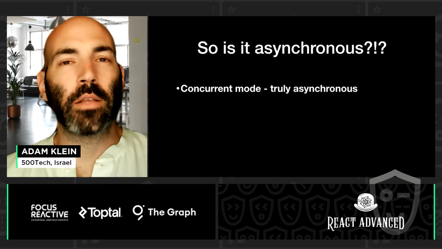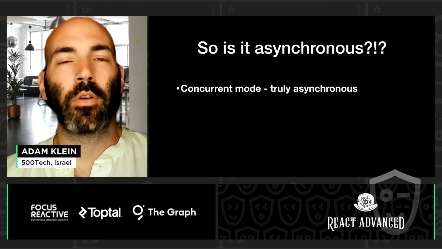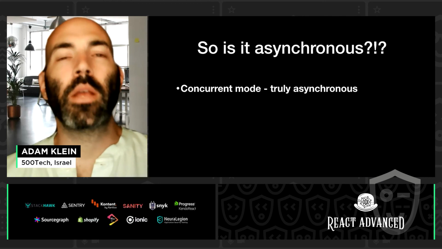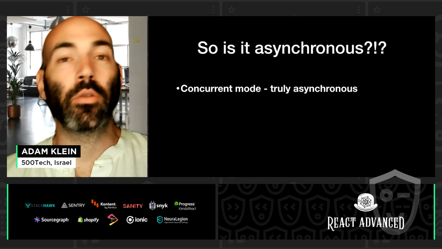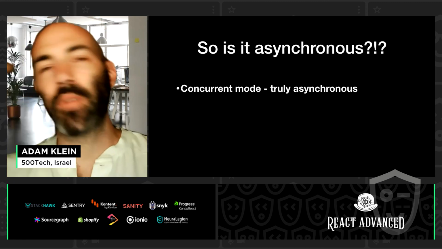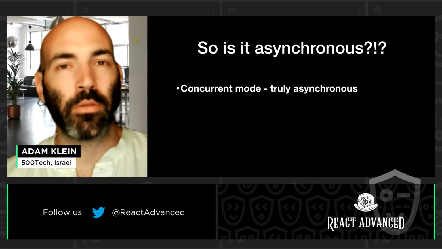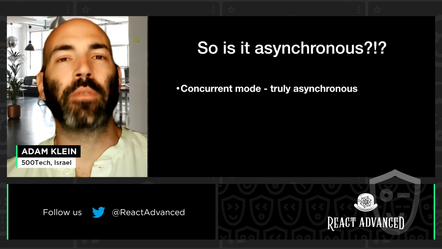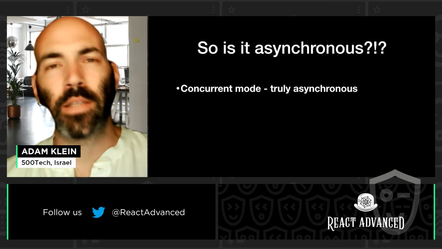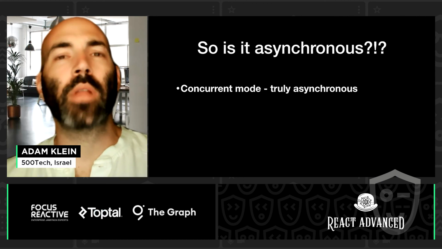So there are a few answers to this question. First of all, in concurrent mode, it could actually be truly asynchronous in a different event loop, because React may delay the rendering of our components in favor of more prioritized tasks.